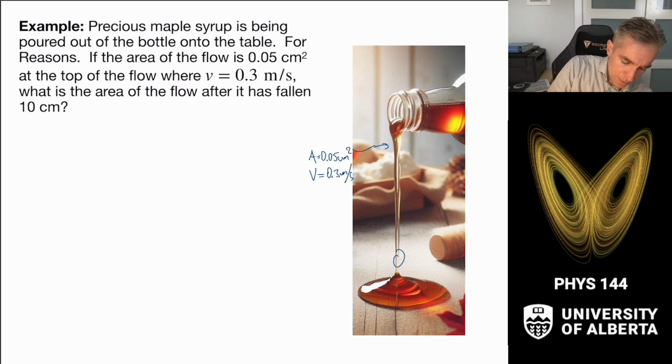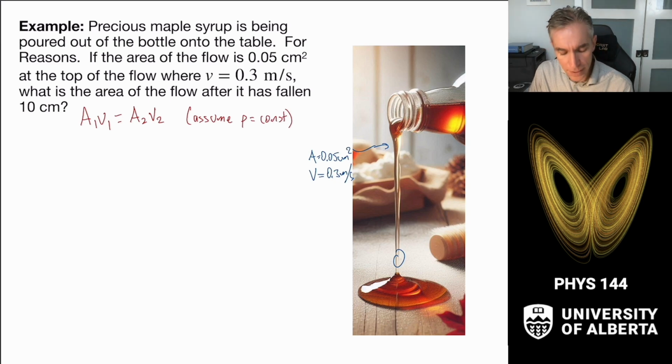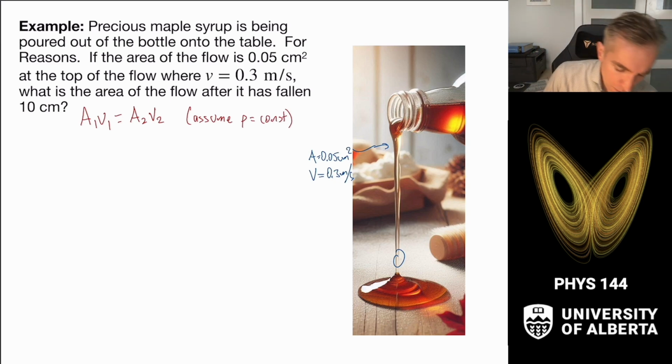So we have the relationship that the volumetric flow rate at the top is equal to the volumetric flow rate at the bottom. We're going to assume that the density of our maple syrup doesn't change, so assume rho is a constant. And from here, to figure out the area, we clearly have to find out what the velocity is at the bottom.